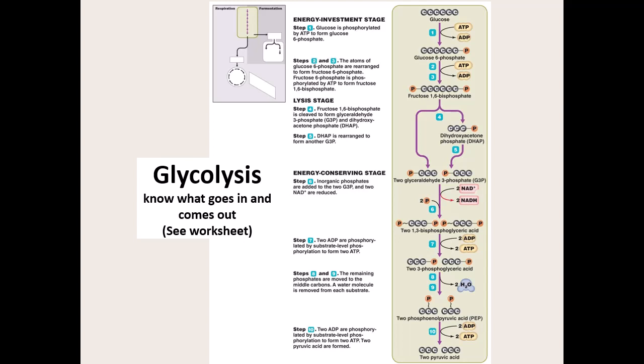Longer list. 2 pyruvic acids, 2 water, ATP, and 2 NADHs. We've got 4 different things that come out.